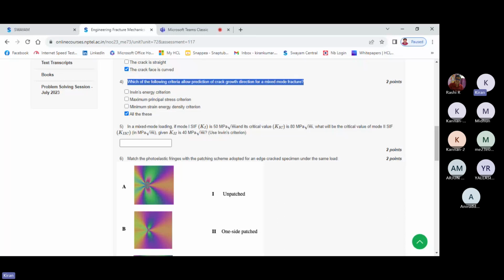See, the maximum principal stress criteria has both K1 and K2 in that equation. Then if you refer to the minimum strain energy density criteria, it also has both in that equation.